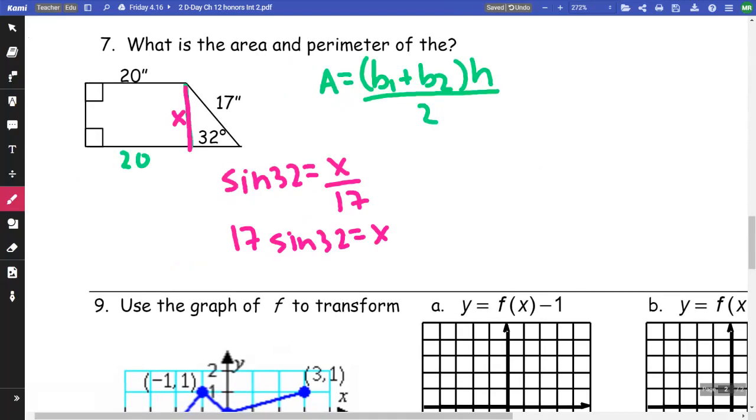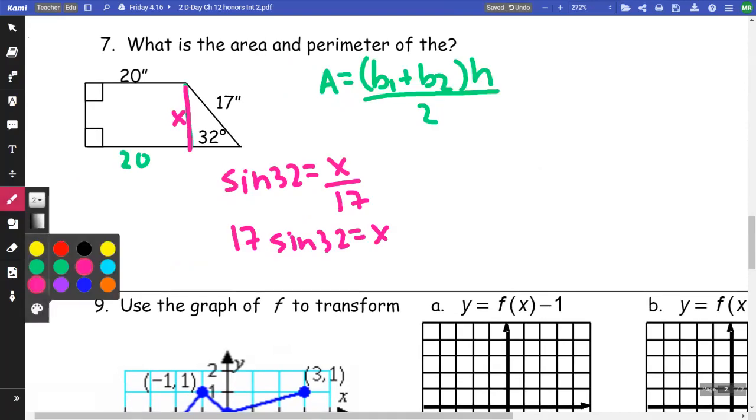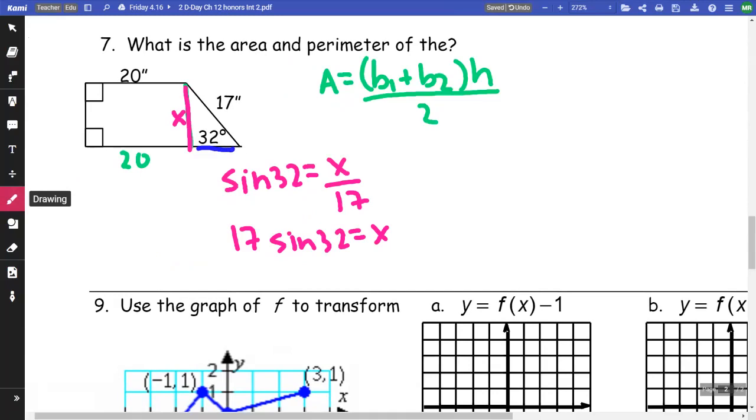And I also am going to need this piece right here. I need this piece to add to my base. So cosine of 32 is equal to, I'll call it B, B over 17.